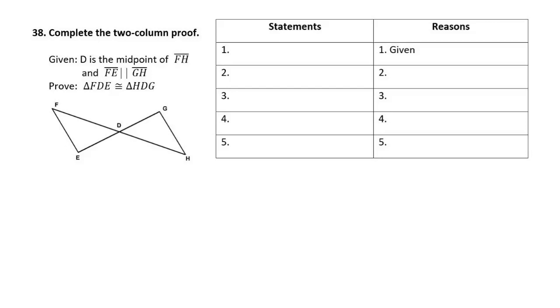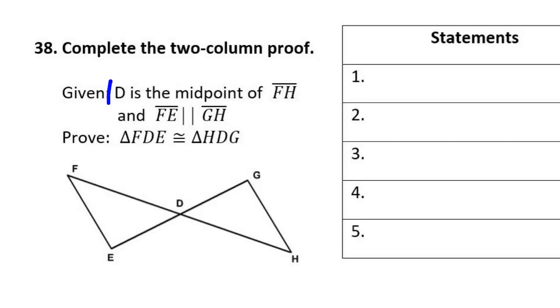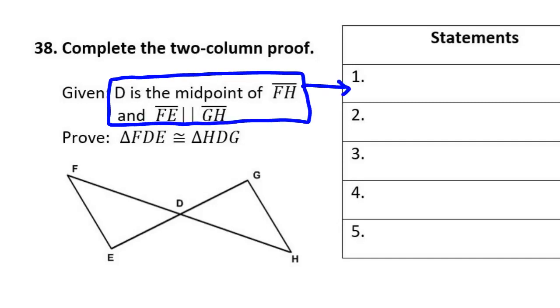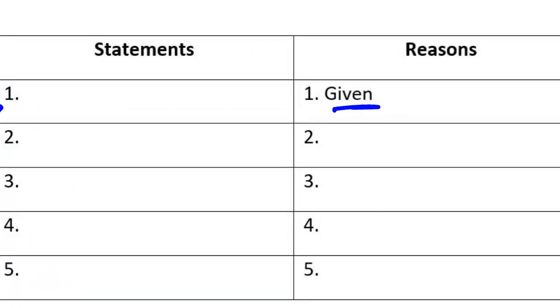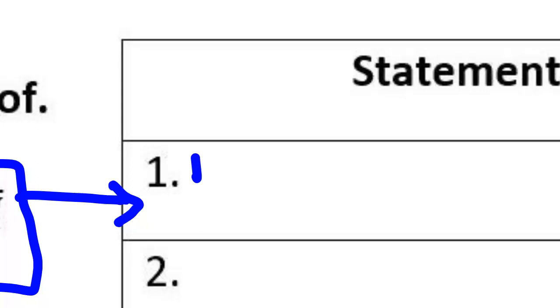38, complete the 2-column proof. I'm going to take all of my given information. I'm going to put it in this first box here because that's where it says my given is going to go. D is the midpoint of FH.